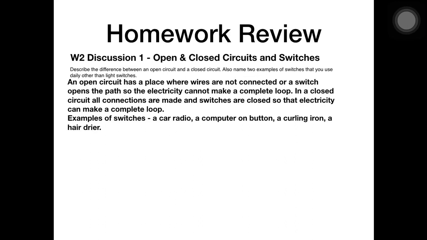An open circuit has a place where wires are not connected, or a switch opens the path so electricity cannot make a complete loop. In a closed circuit, all connections are made and switches are closed so that electricity can make a complete loop. That is the difference between an open circuit and a closed circuit.